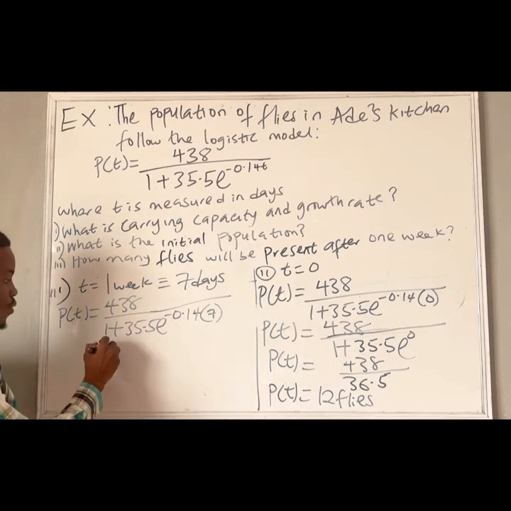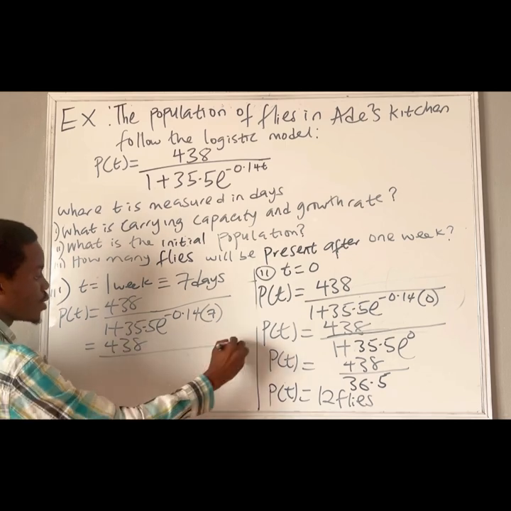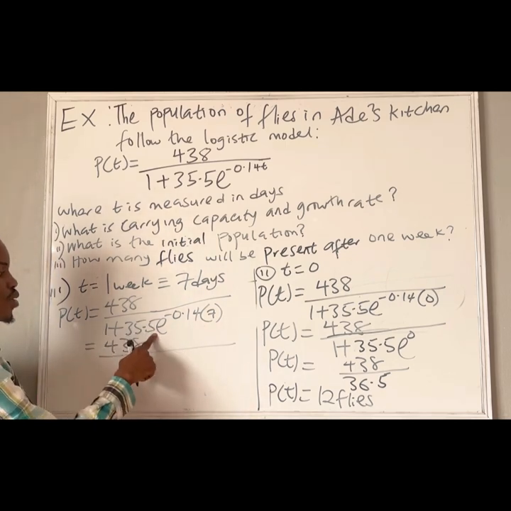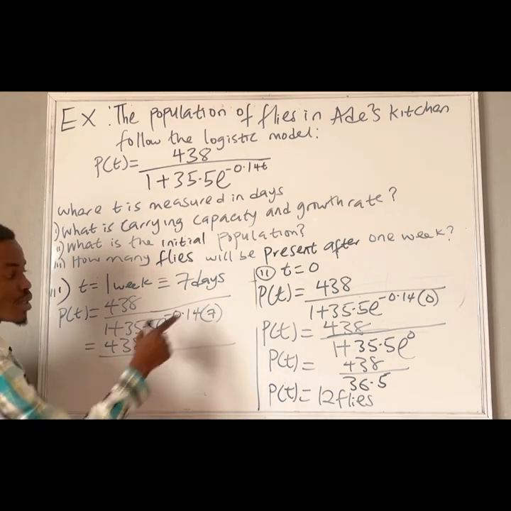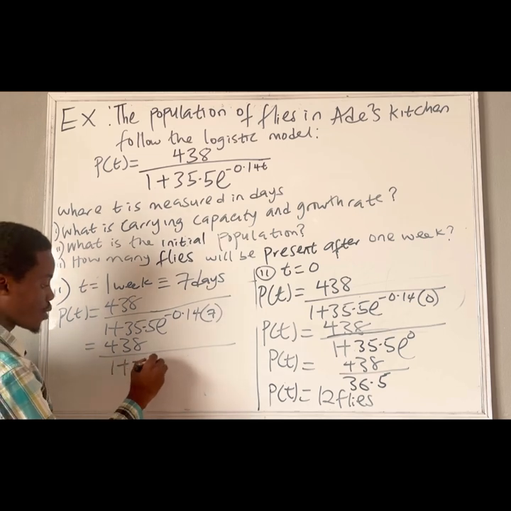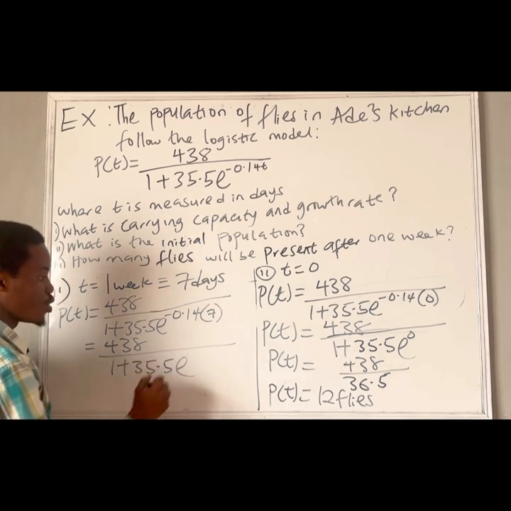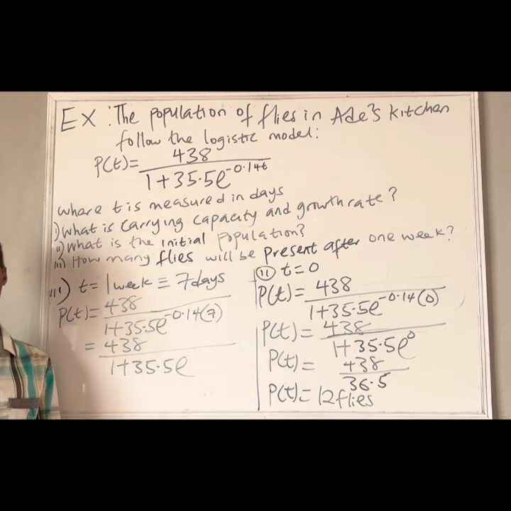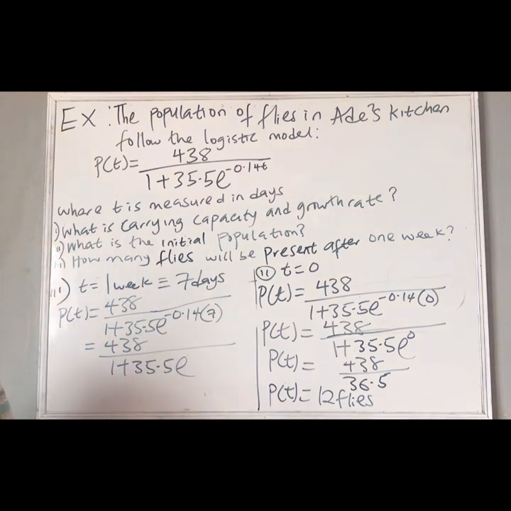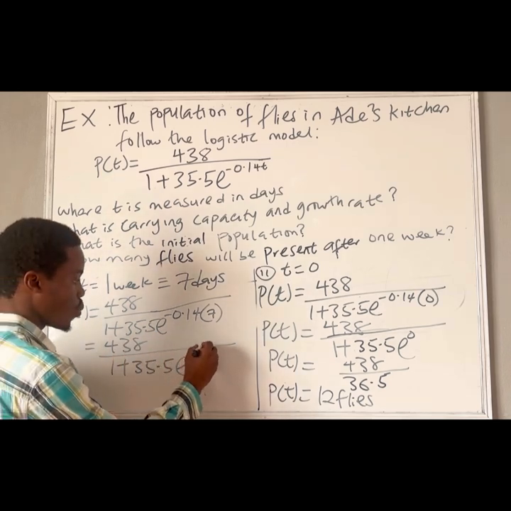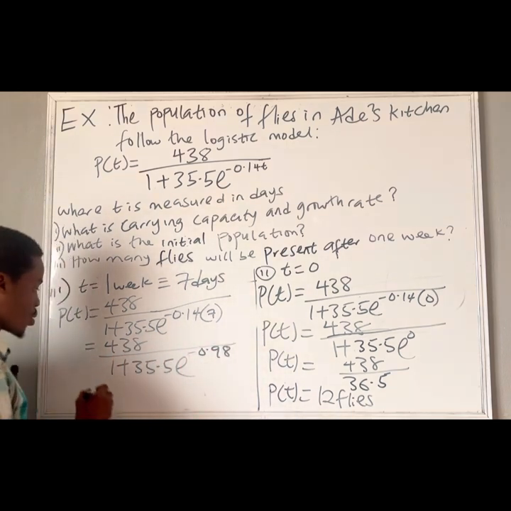So we have 438 over 1 plus 35.5 times e to the power of negative 0.14 times 7. If you multiply 0.14 by 7, we get 0.98.